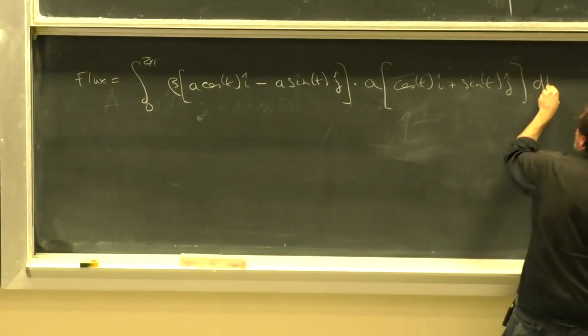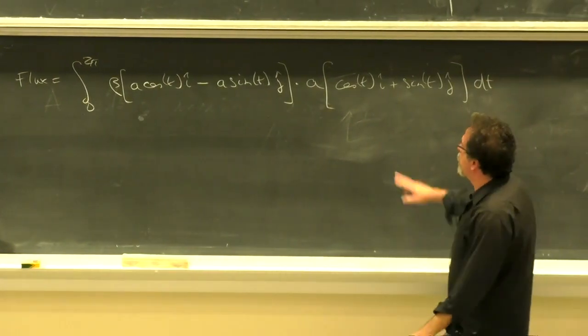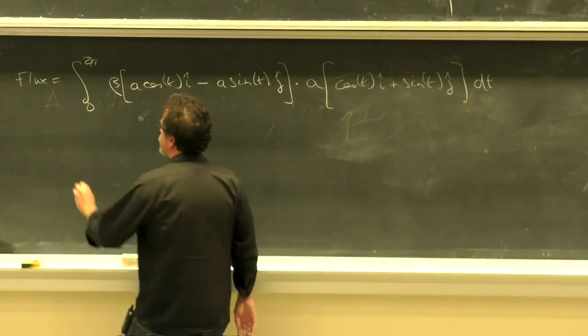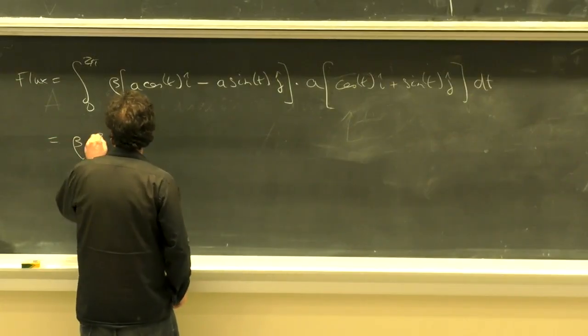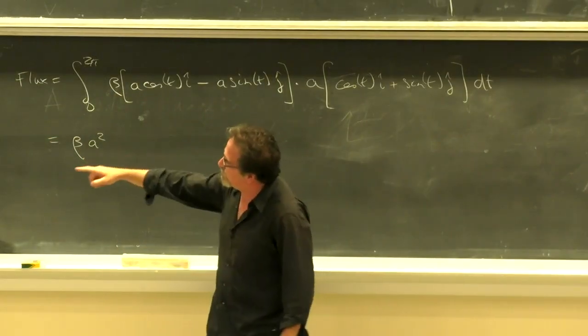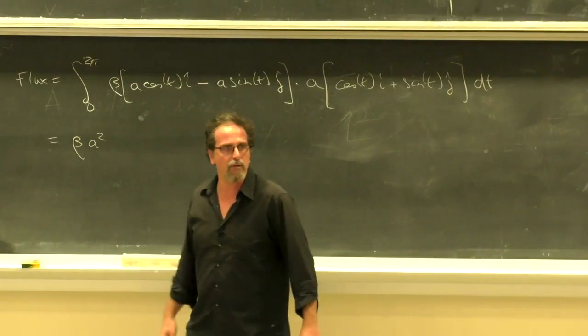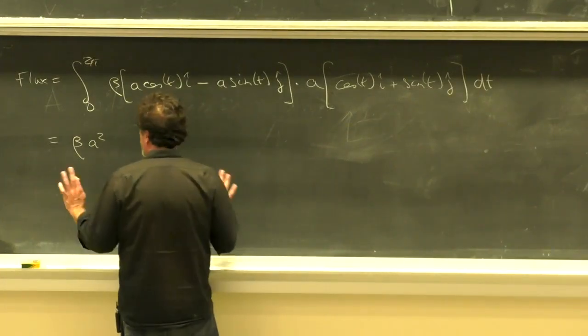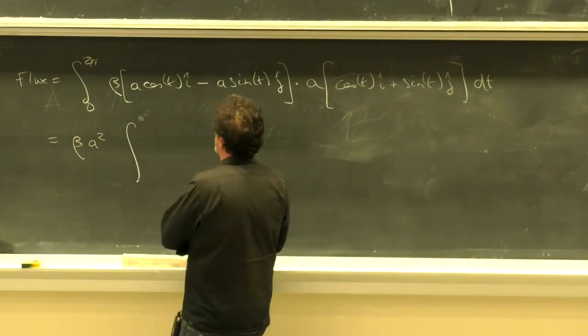And then I have to integrate that with respect to t. There is an a common to everybody, and there is a beta. So this is beta a squared. See, that kind of happens a lot. That a squared is happening a lot in these simple examples, I acknowledge. But these are very canonical examples.